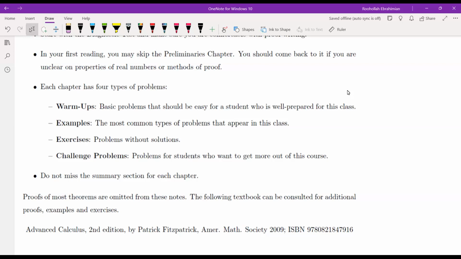Examples are problems that are more common in this class. They're a little bit more complicated, but not very complicated, and all of those also have solutions. There are some exercises that are problems without solutions, and some challenge problems. The challenge problems are for the ones who want to get more out of this class.